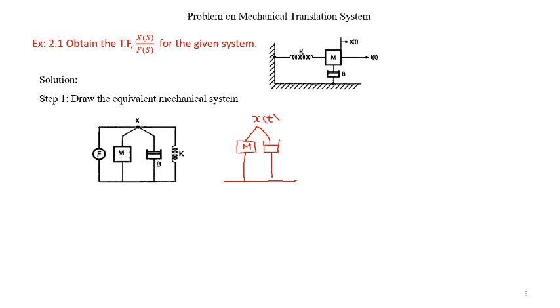In between the node and the reference we are having the damper B. Similarly, between mass and the reference we are having the spring, which is connected in between the displacement. So next we are having the spring. This is connected between the node and the reference. So this is K.